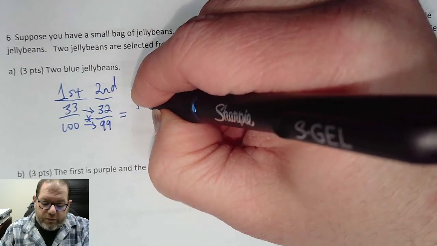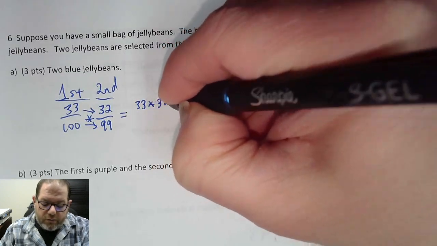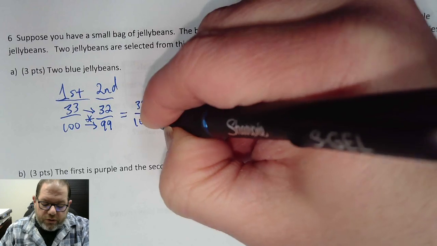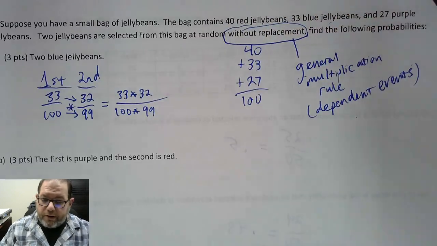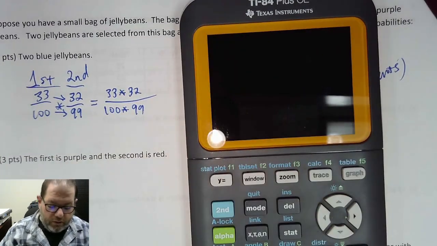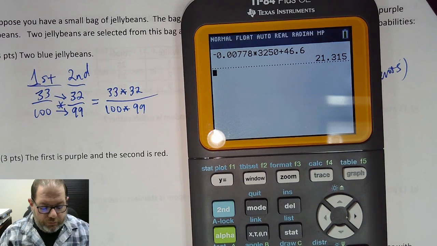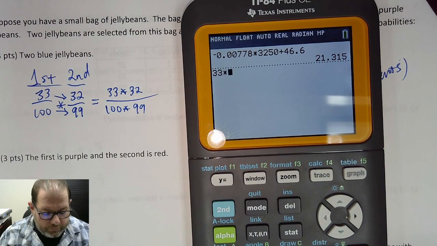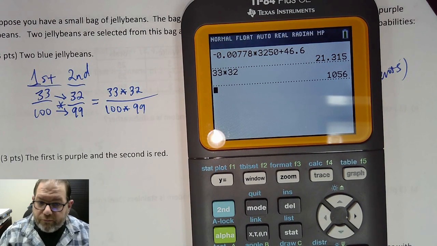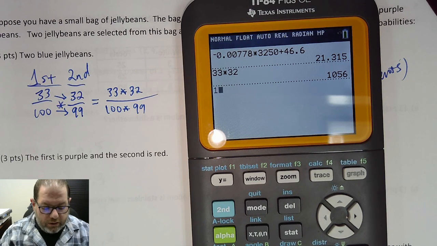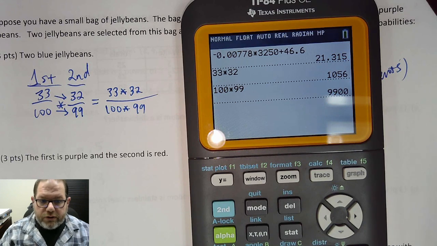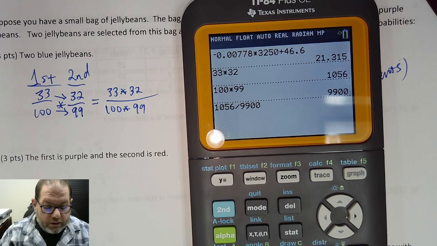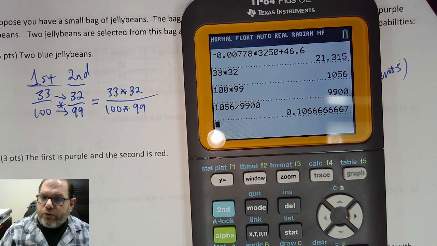So that'll be 33 times 32 on top and 100 times 99 on bottom. 33 times 32 gives us 1,056, and 100 times 99 gives us 9,900. And so we want to divide those. 1,056 divided by 9,900 will give us about 0.107.